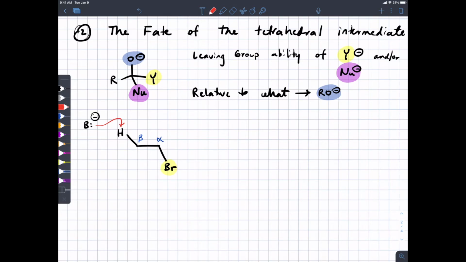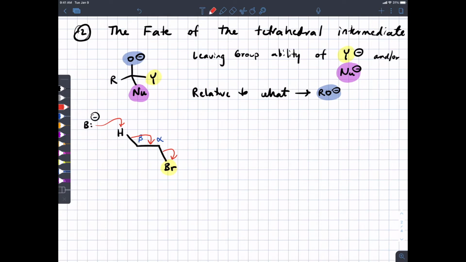Then the electrons from that carbon-hydrogen bond go here to become a new pi bond, and the leaving group leaves. In terms of molecular orbital theory, what's going on here is that the electrons in this carbon-hydrogen bond are dumping into the carbon leaving group antibonding orbital, or sigma star, breaking that bond and creating a new pi bond.